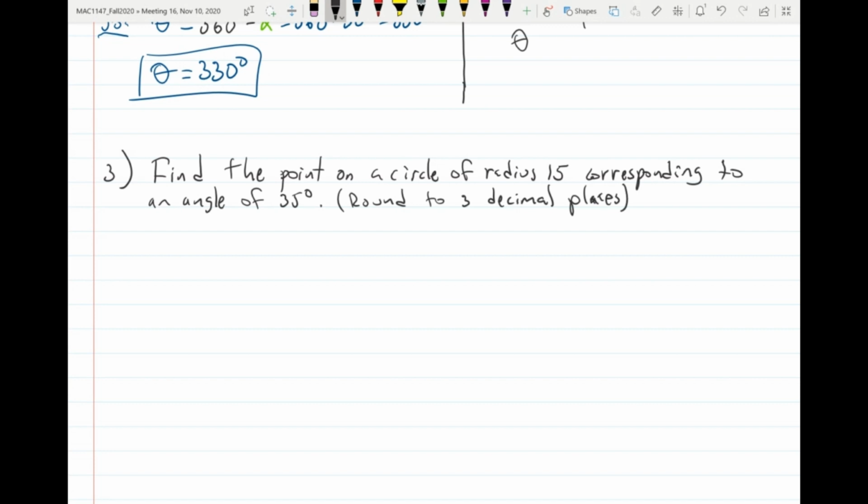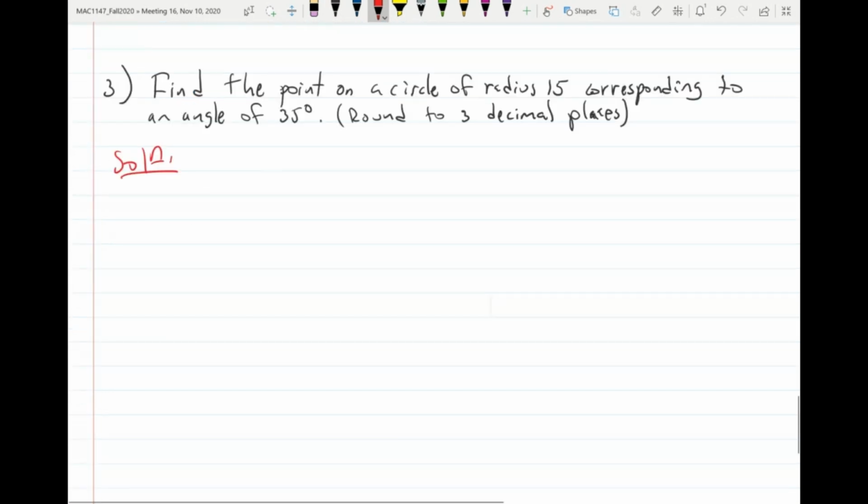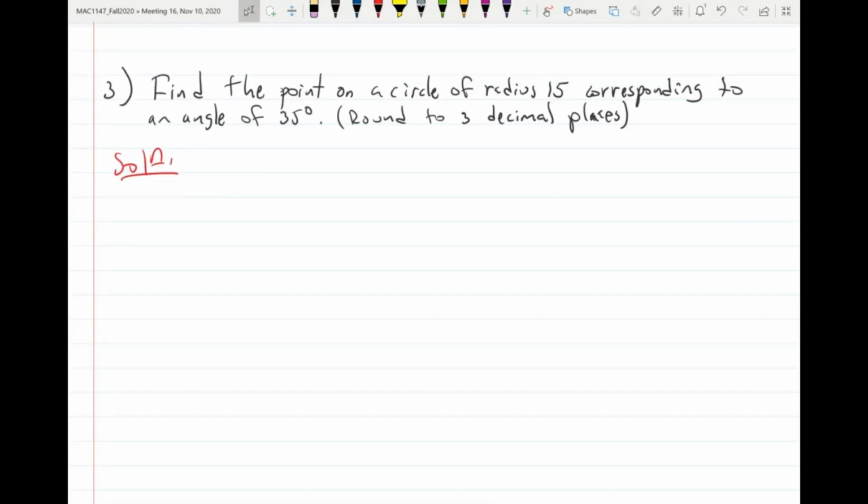Okay, so let's see, solution. Let's do this together. What's going on here? So we have, first of all, a big circle, right? We have a circle of radius 15. So let's put this circle here, with radius 15.